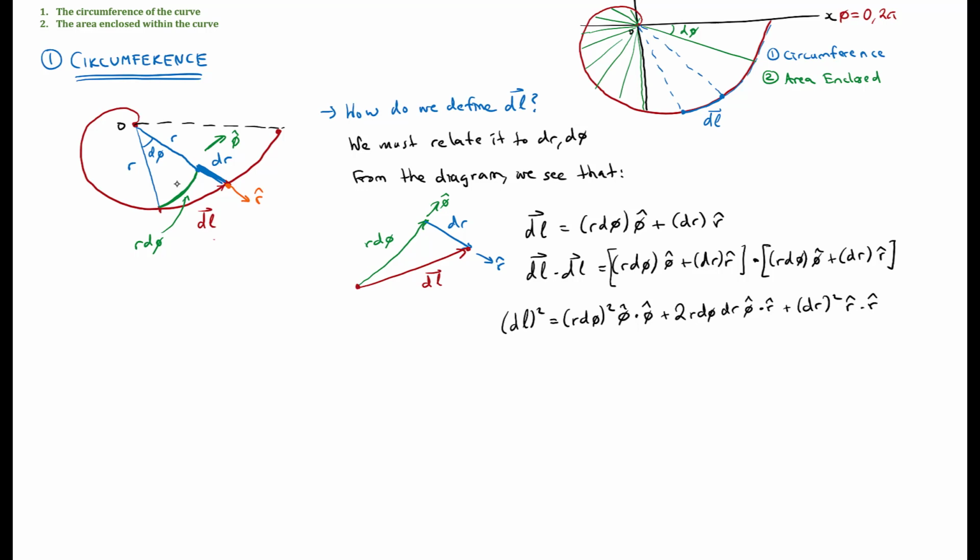Okay, there is a lot. Before we go and solve anything, let's take a look at these unit vectors that are dotted with each other.